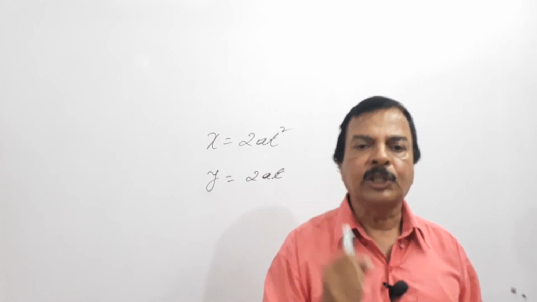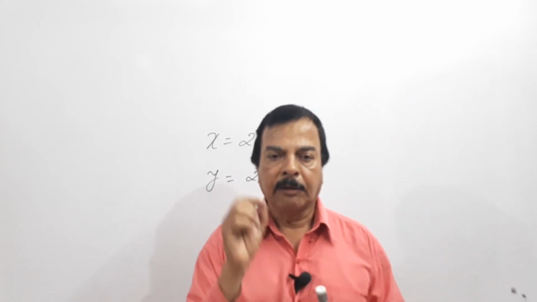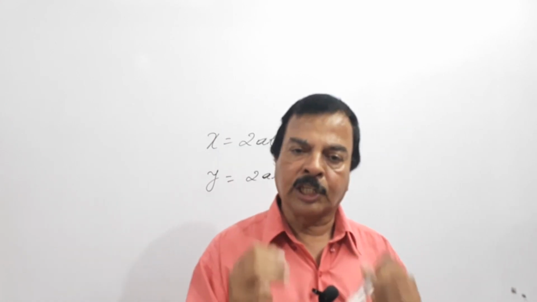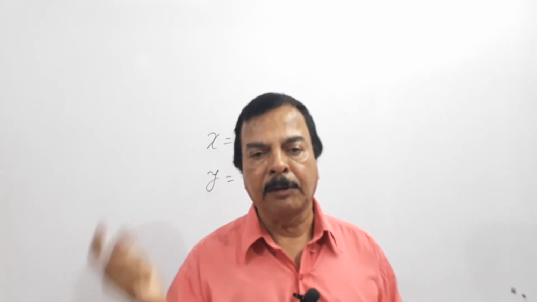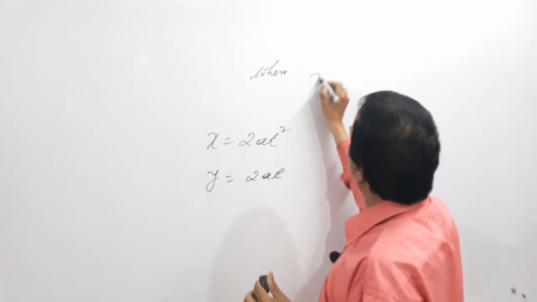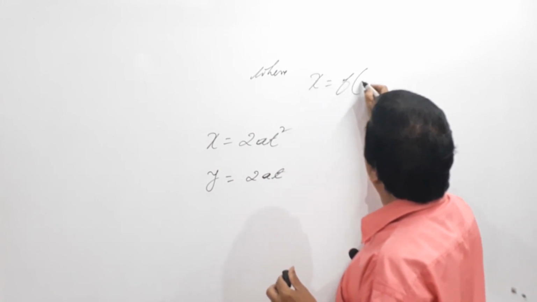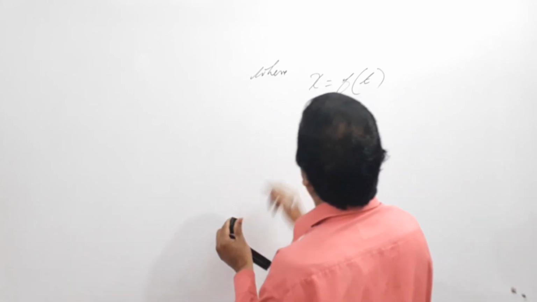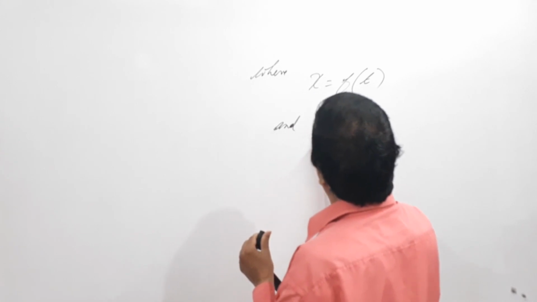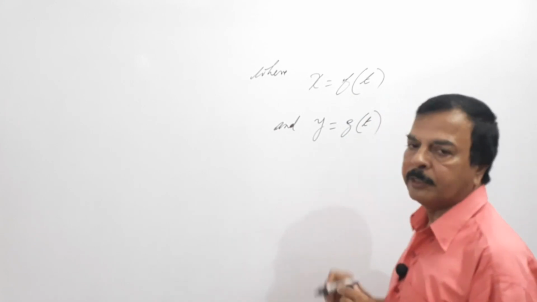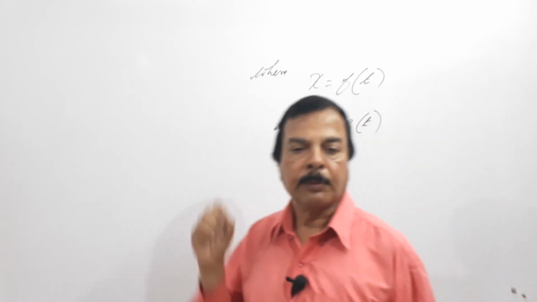So in a nutshell, what is a parametric function or equation? A parametric function is also known as a parametric equation. In a nutshell, if x and y are expressed as a function of another variable t, where x equals f of t and y equals g of t, where t is a parameter, t is called a parameter.